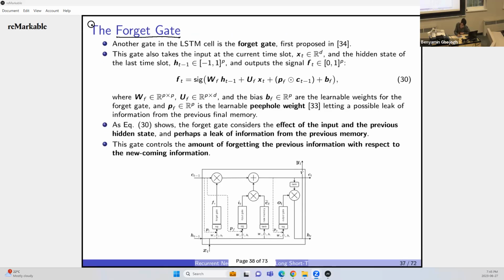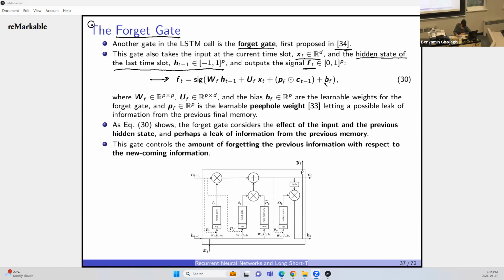As I said, another gate in the LSTM cell is the forget gate, proposed in reference 34. It wasn't in the original LSTM paper, okay? This gate also takes the input at the current time slot xt and the hidden state of the previous time slot ht minus 1 and outputs the signal ft, p-dimensional. So it is a p-dimensional vector.